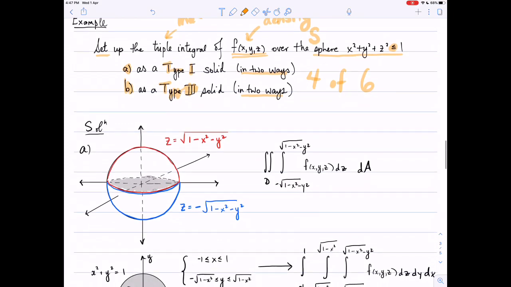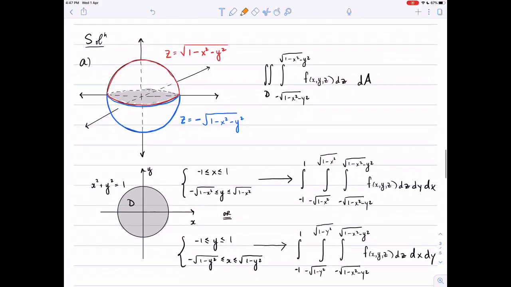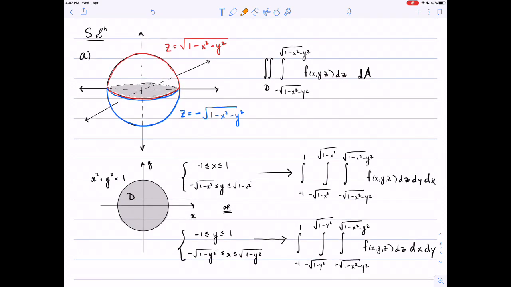So let's take a quick look at the sphere as I have drawn it. If this is our sphere, x squared plus y squared plus z squared is equal to 1, and we solve for z, then z can be expressed in terms of x and y as the positive and the negative roots.